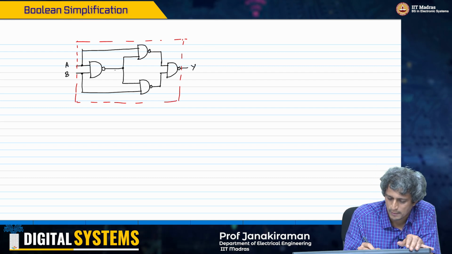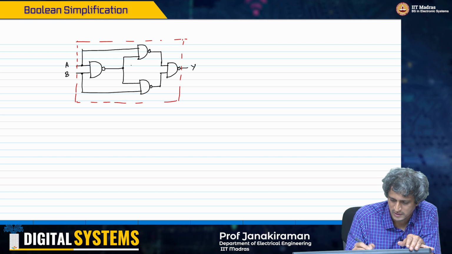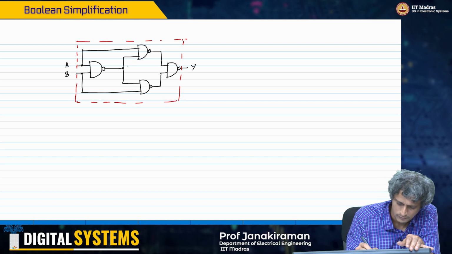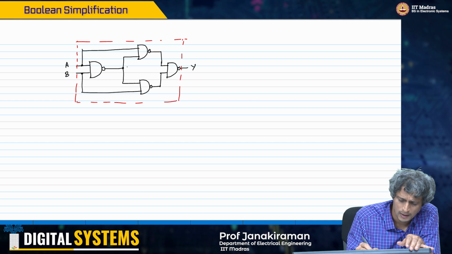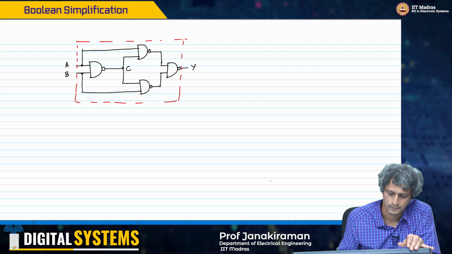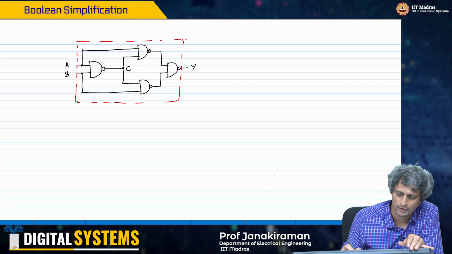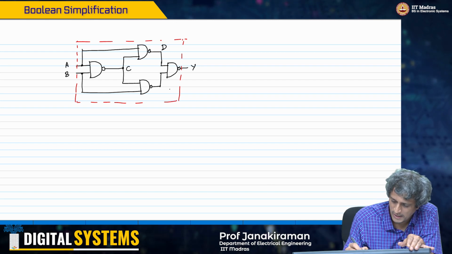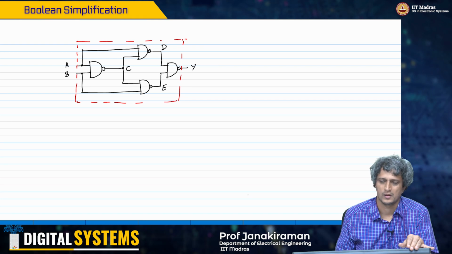So let me just name these things. I am going to call this as, let me call it C. Okay. So what I have here is D and E. Okay.